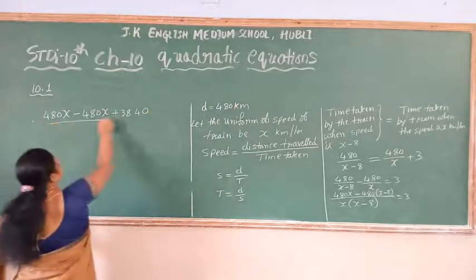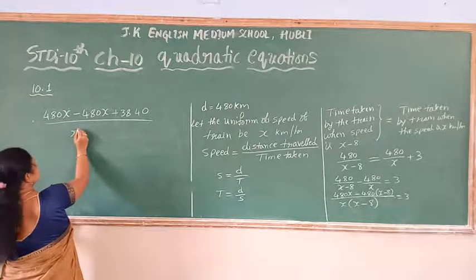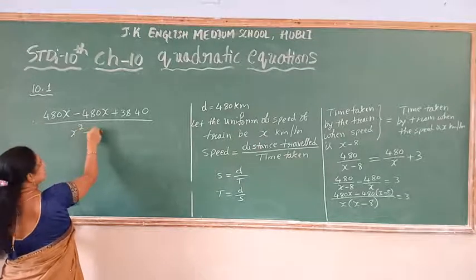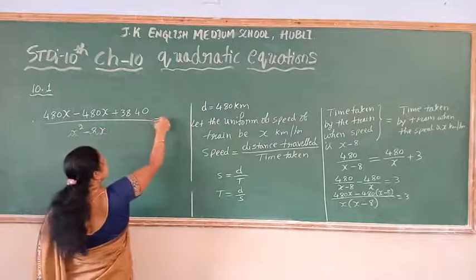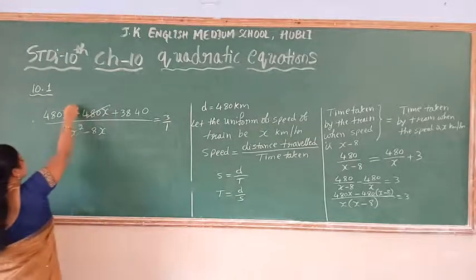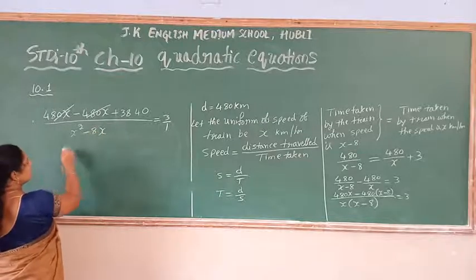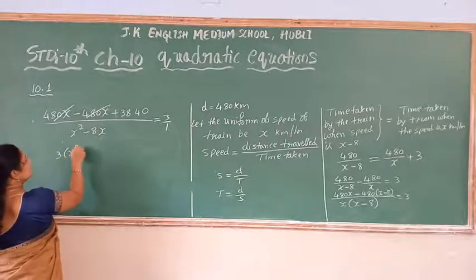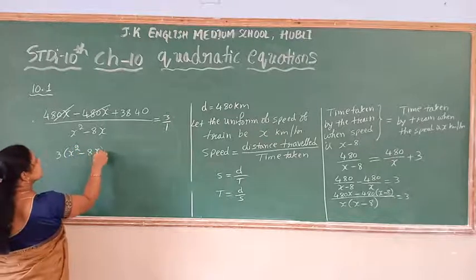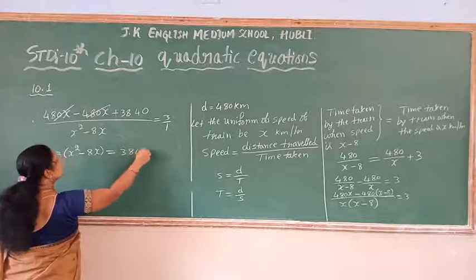Divided by x into x minus 8, that is x square minus 8x, is equal to 3. Cross multiplication we do it. Minus 480x plus 480x gets cancelled. If I cross multiply, then 3 into x square minus 8x is equal to 1 into 3840.